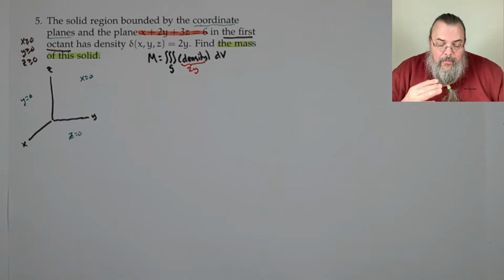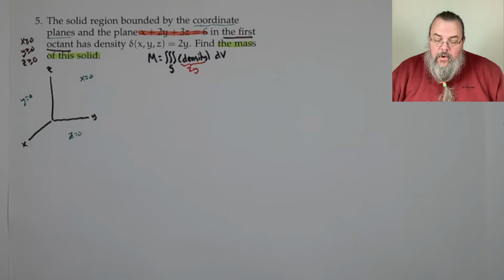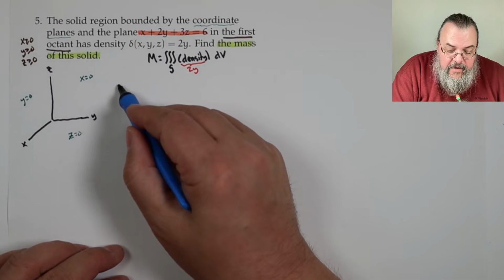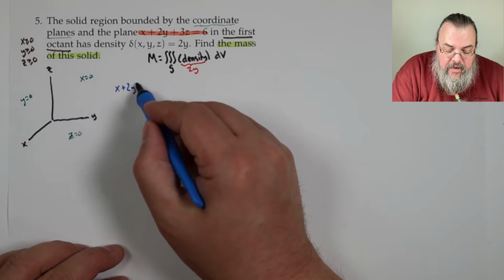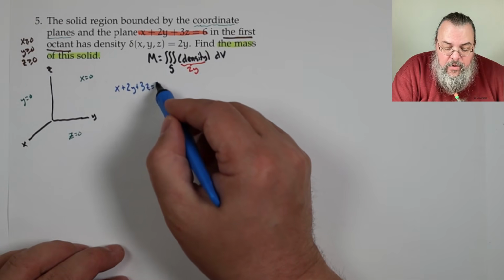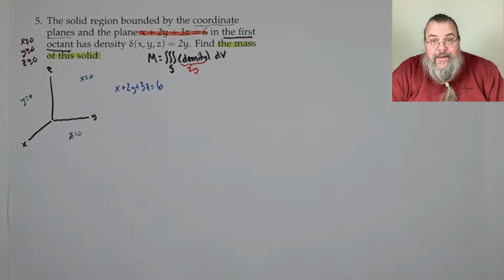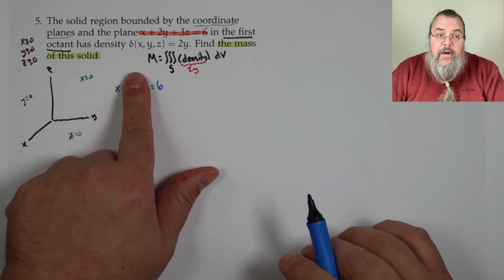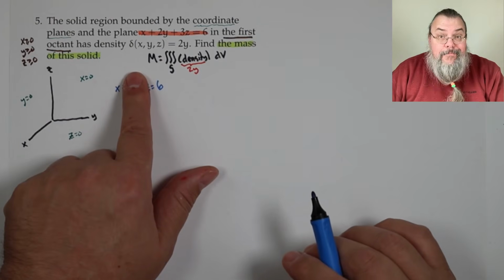Now, what's the right way to sketch it? Oftentimes I find the easiest way to sketch x plus 2y plus 3z equals 6 is to look at where you hit the axes. If I want to know where I hit the x-axis, I cover up the y and the z, and it says x equals 6.